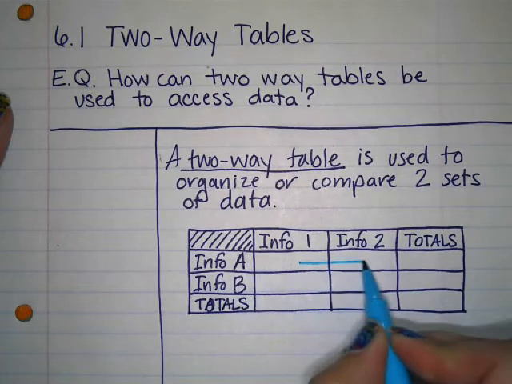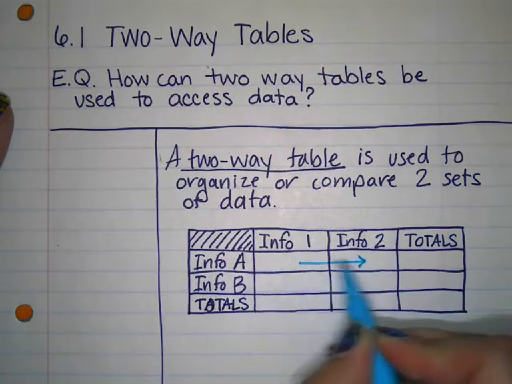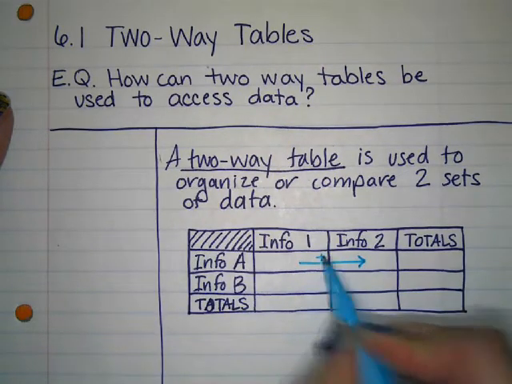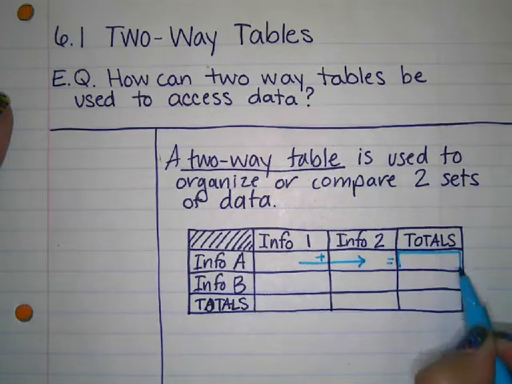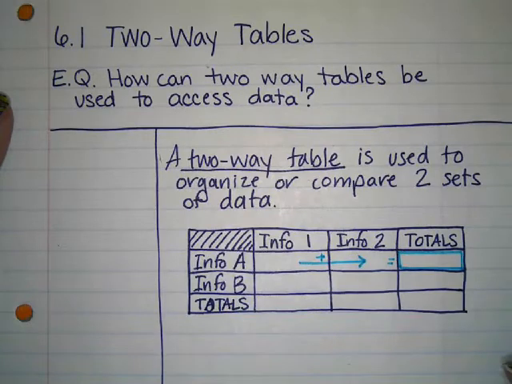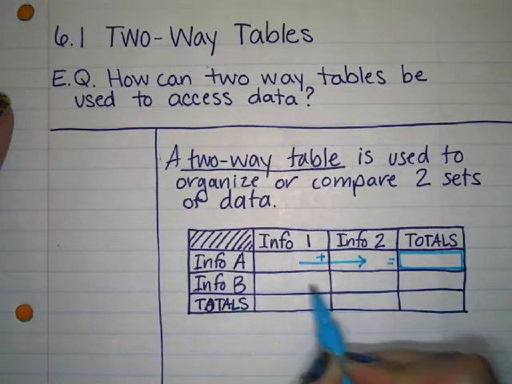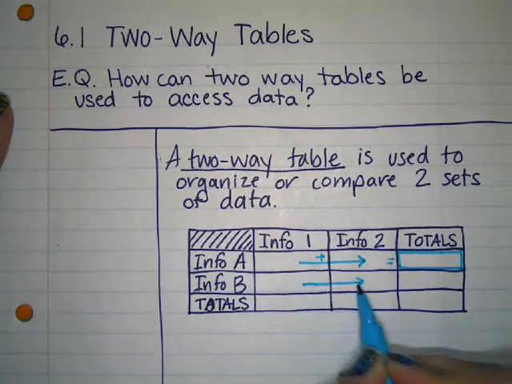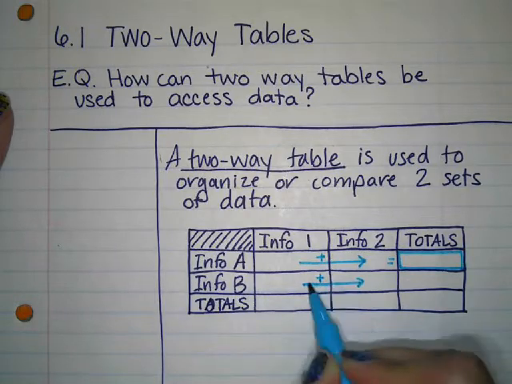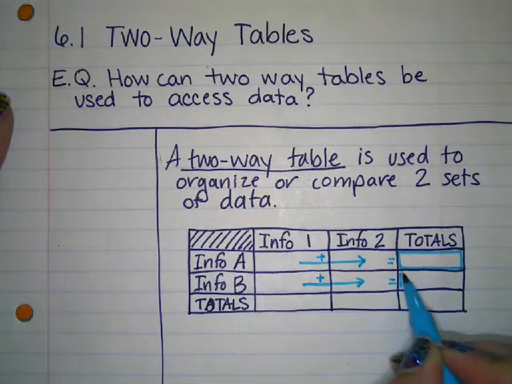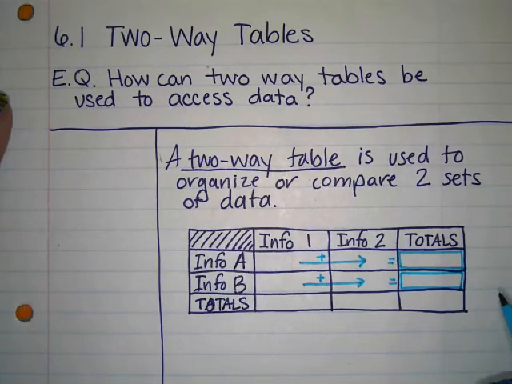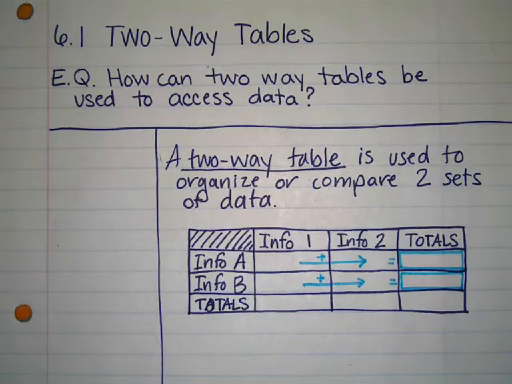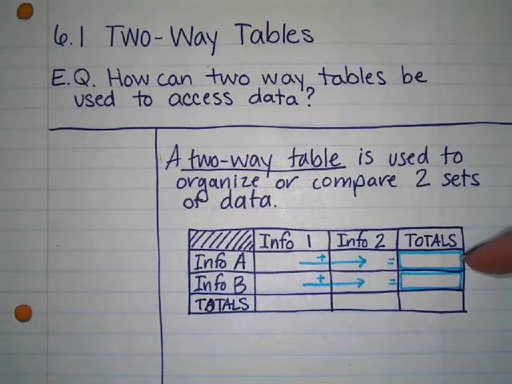So going this way in our chart, we're going to add these 2 boxes up, and it's going to be equal to the total in this last box. Same thing with the next row. We're going left to right, adding up these 2 columns, and it's going to be equal to what is left over in this box here. So it's going to give you the total amount of info A and the total amount of info B.